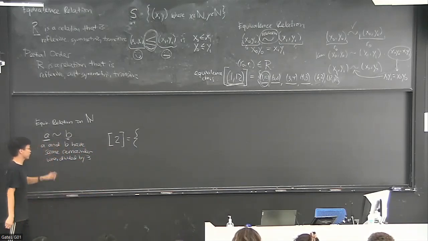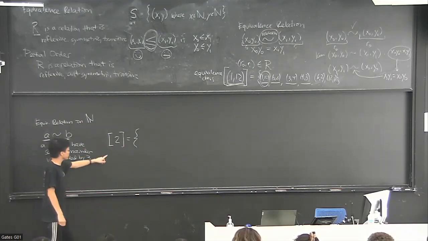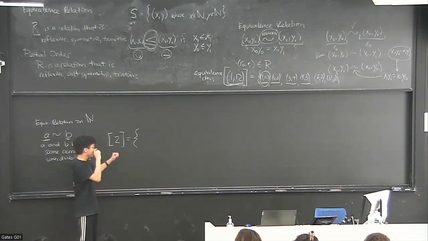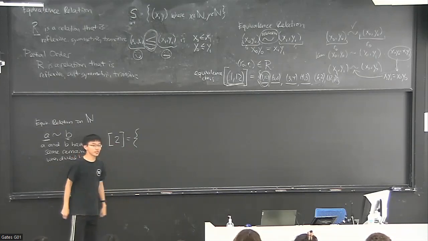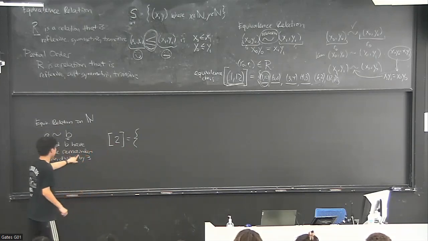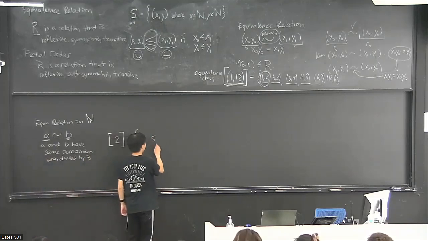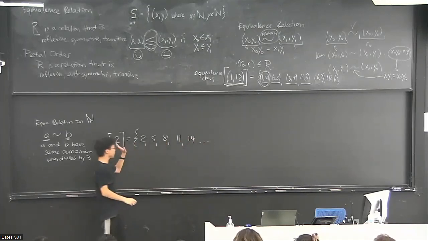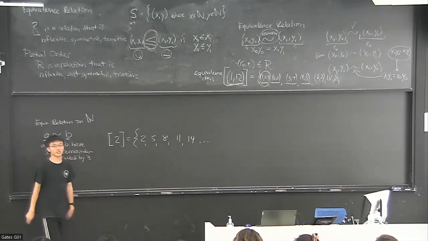They're the same if they have the same remainder when divided by 3. So what's the same as 2? Every number that has the same remainder as 2 when divided by 3. Namely 2, 5, 8, 11, 14, and so on.